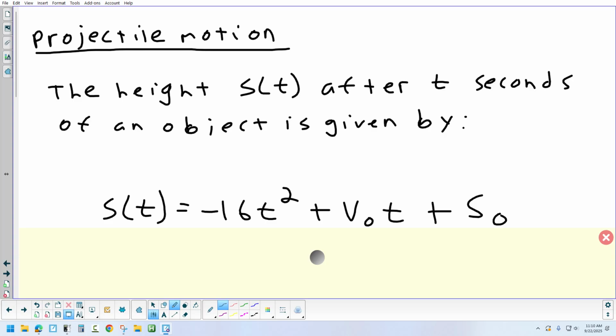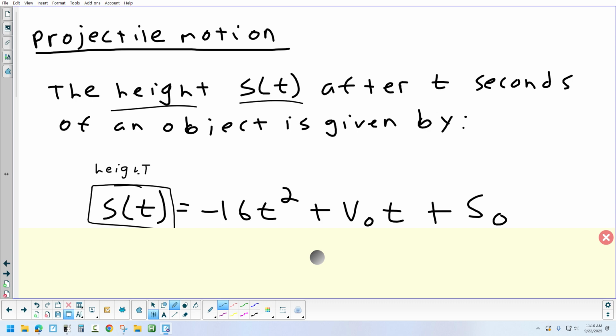That's all you need to know. We can use this formula, and what this formula basically tells us is how high an object is going to travel. So this part of the formula is the height. They tell you that right up above.